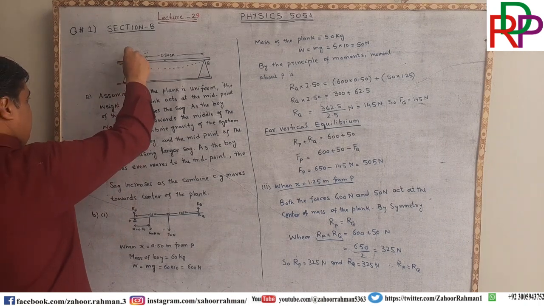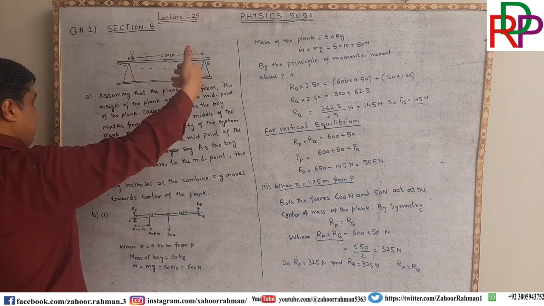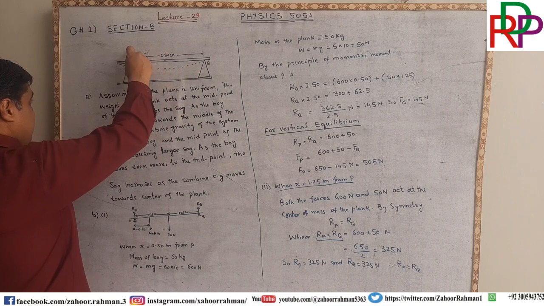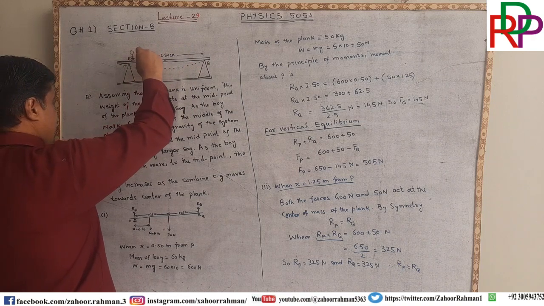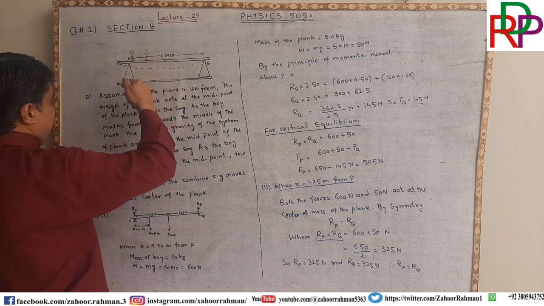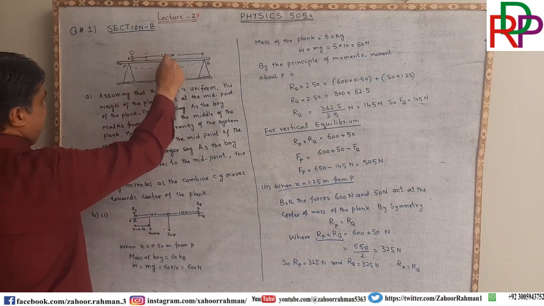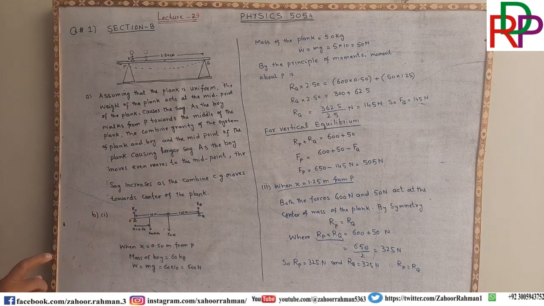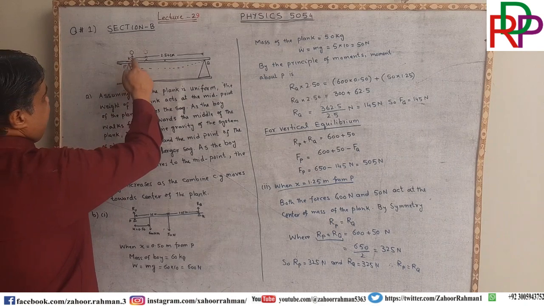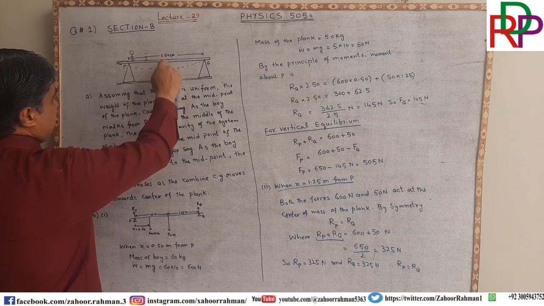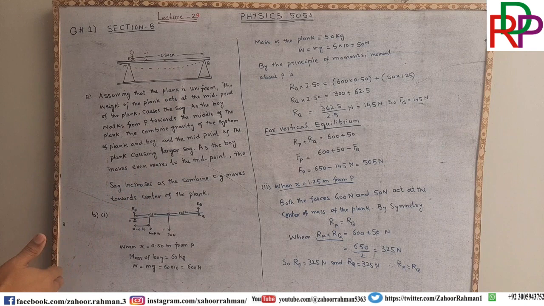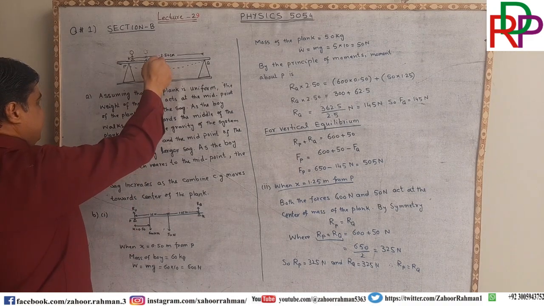Because this student also has mass as well as weight, whenever he is moving, the combined mass or the combined weight of the boy and plank system increases, and when he is moving to the center, the center of mass value is increasing, and similarly the center of gravity is also increasing.